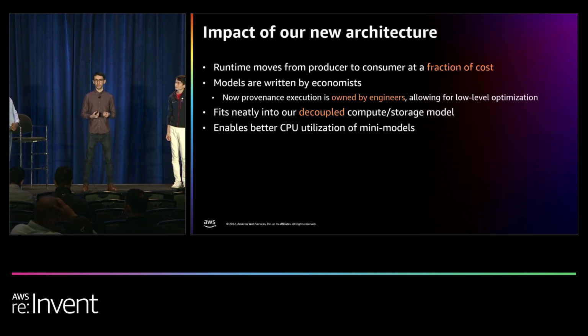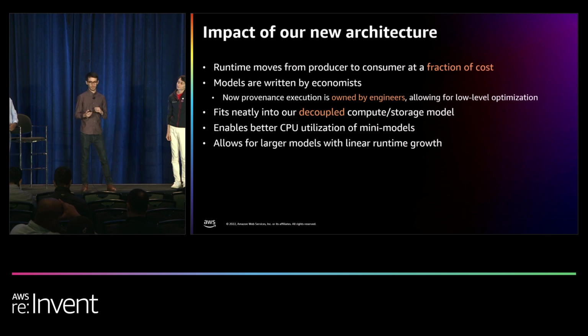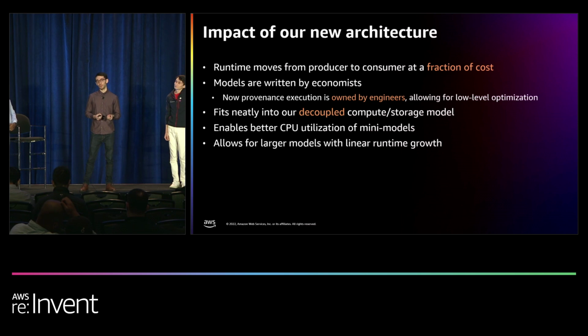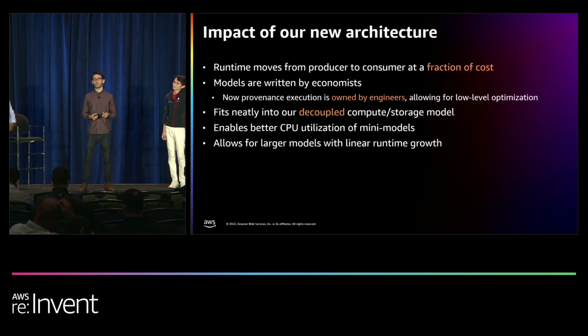So specifically within those mini models, the CPU utilization is much more efficient now that we're able to independently scale the consumer as well as the producer. And all of this results in larger models, more complex models, but now in linear runtime, which enables that at-scale component that we started the talk with.